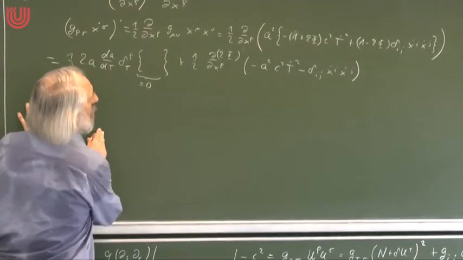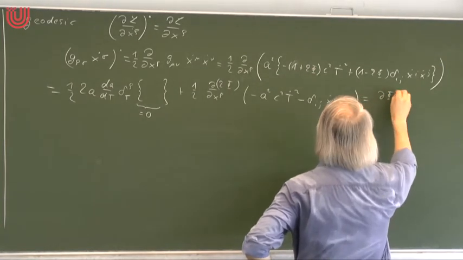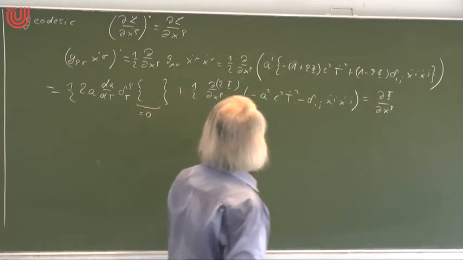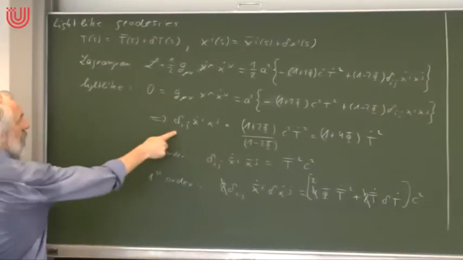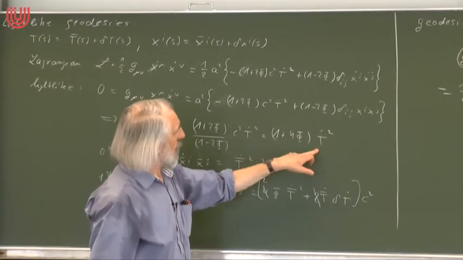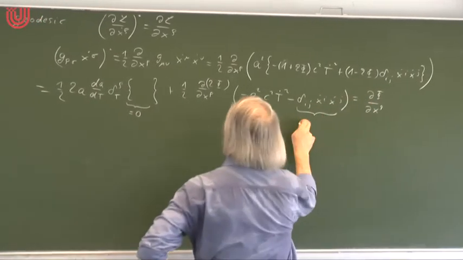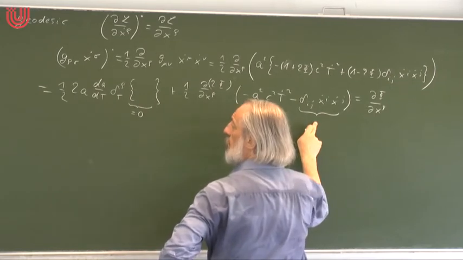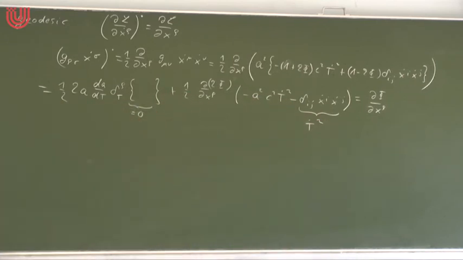So of course a factor of 2 cancels, and I have d phi by dx rho. And then I get what we have just calculated: t dot squared and something of first order, but this is already of first order. So I only need the zeroth order term, and the zeroth order term is t dot squared. Did I again forget the c squared? Let me see. Here I also forgot a c squared, right?